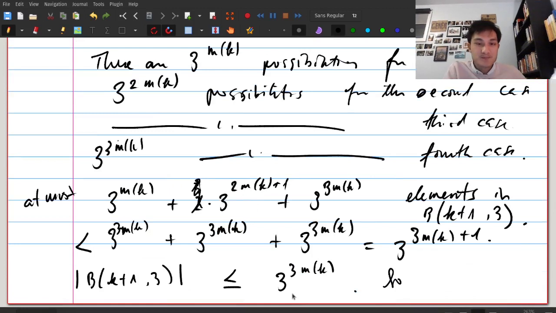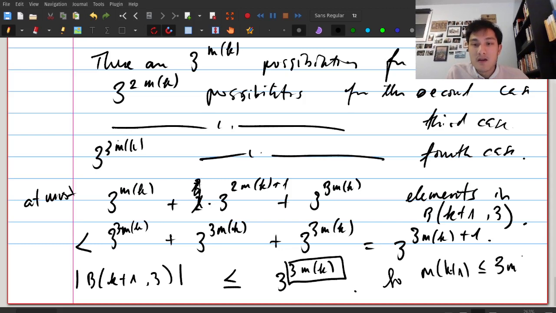Sorry, I was a little weird about this, but really what we're trying to say is that mk plus 1 is at most 3 times mk. And that's the induction step. So mk plus 1 is less than or equal to 3 mk, really. Okay, I'm sure you got it. I'm just being slightly confused.